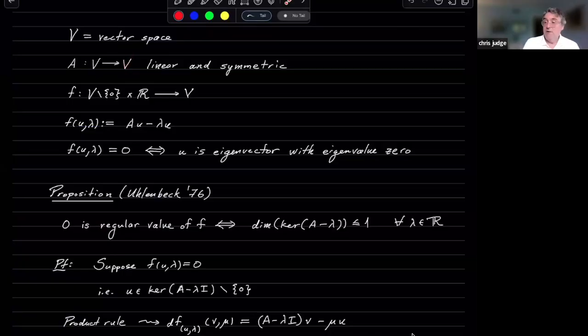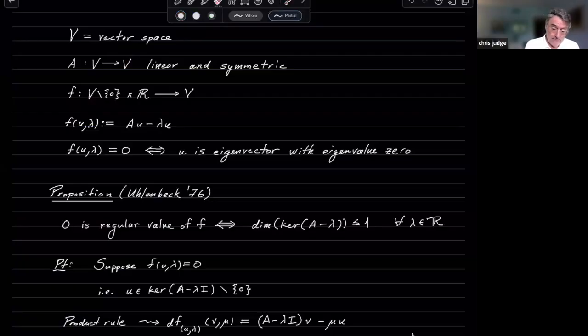So let's just think about symmetric matrices. Uhlenbeck basically defines a map F. We take away 0 because we don't like 0. She takes the sphere in the vector space, but it's not necessary. You can just take away 0 and then use homogeneity properties.